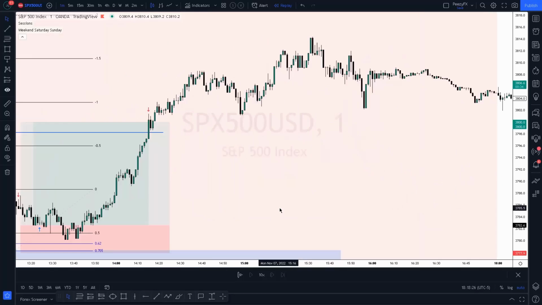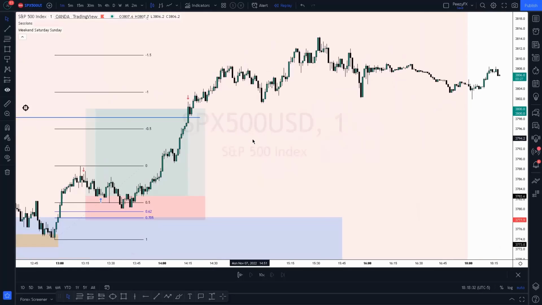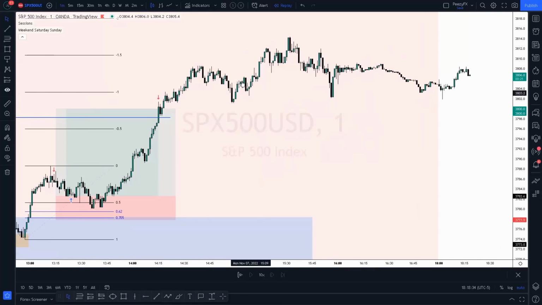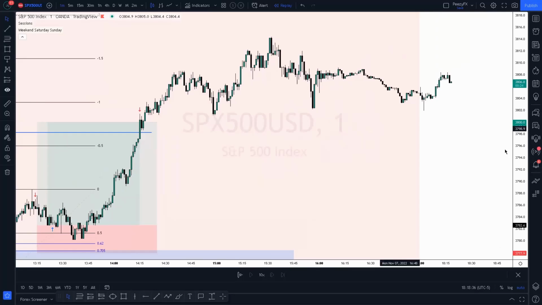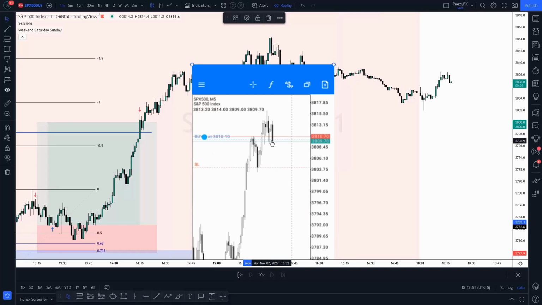And I also decided to hold on to a trade that I entered up here. And I'll throw that on the screen for you real quick. That's my first entry. This is my second entry.